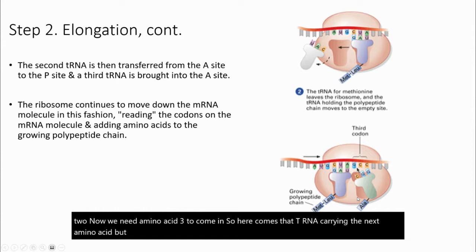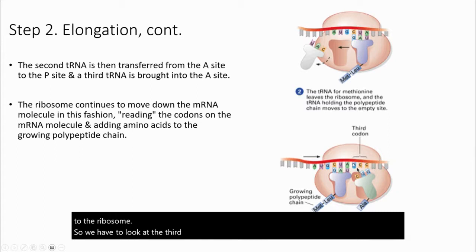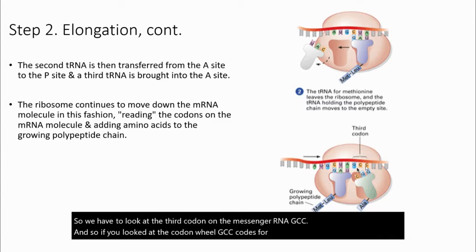But let's review how that tRNA knew that it was its turn, that it needed to report to the ribosome. So we have to look at the third codon on the messenger RNA, GCC. And if you looked at the codon wheel, GCC codes for alanine. So the tRNA carrying alanine is the one that needs to report to the ribosome.